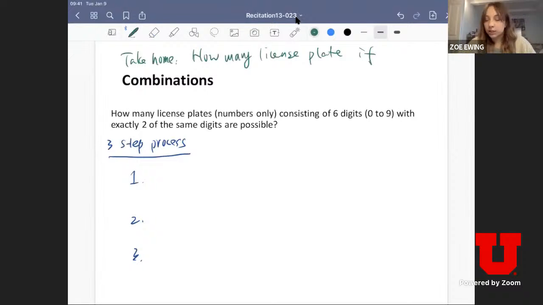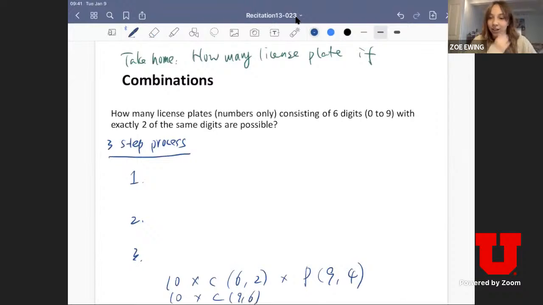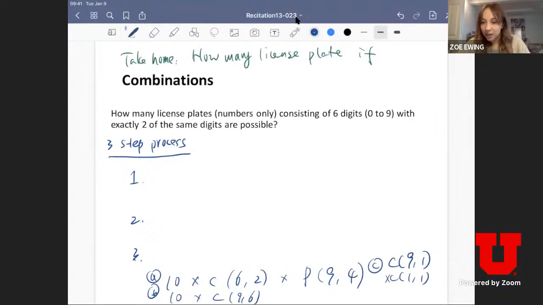So let's see. The first one is 10 times 6 choose 2 times permutation of 9 and 4. Another solution is 10 times 9 choose 6. The next solution is 9 choose 1 times 1 choose 1, which is kind of long, times 8 choose 1 times 7 choose 1 times 6 choose 1 times 5 choose 1.